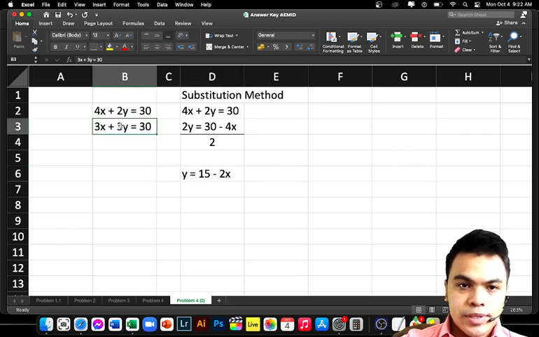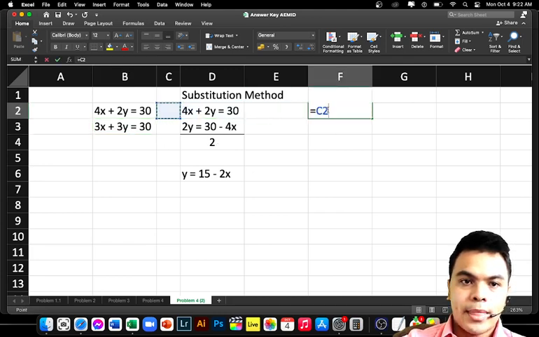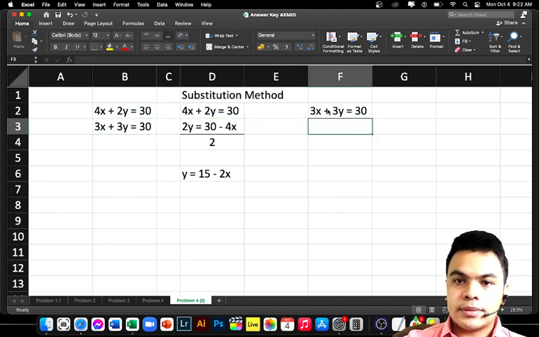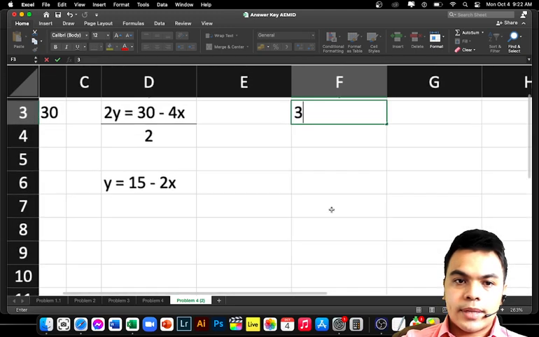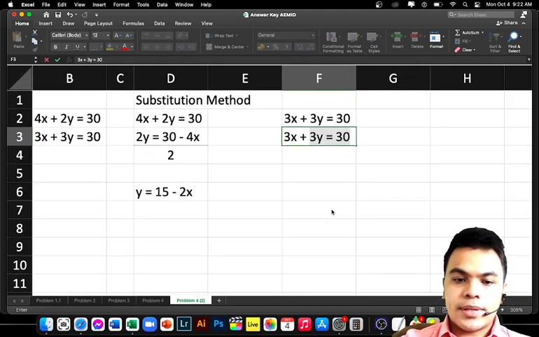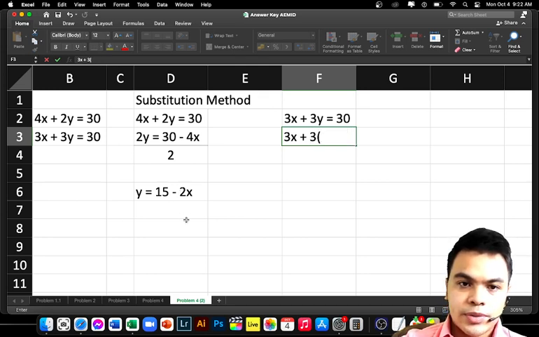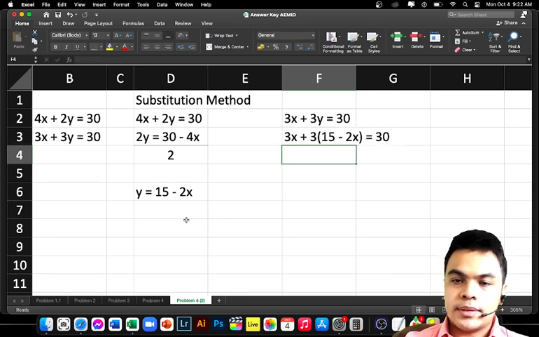Okay? Then, we substitute this one to this equation. Yung 3x plus 3y natin is equal to 30. Ayan. Okay? Ito yung value natin for y. So, let's substitute. 3x plus 3, ito yung value natin for y, 15 minus 2x, is equal to 30.